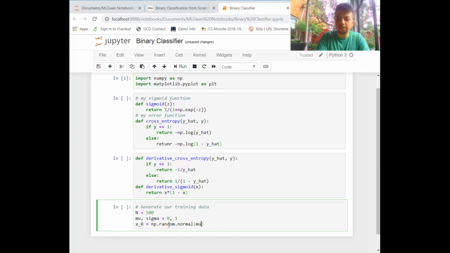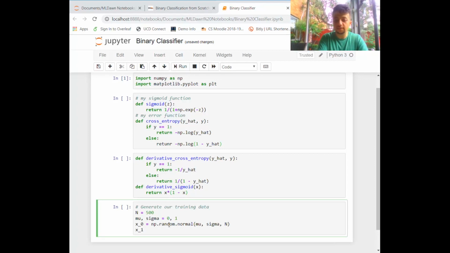I'm going to pass mu as the mean of this Gaussian, and the standard deviation is going to be the sigma that you've defined already, and then you specify how many you would like. We want 500 examples of the positive class, so I'm just going to pass n. Perfect. The same story for the examples of the other class.